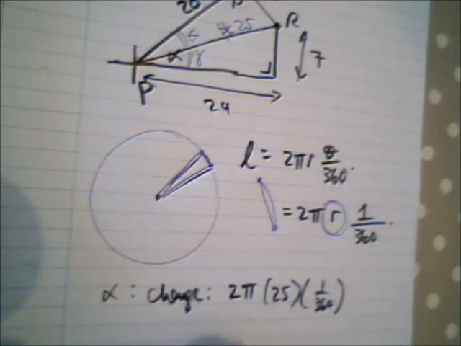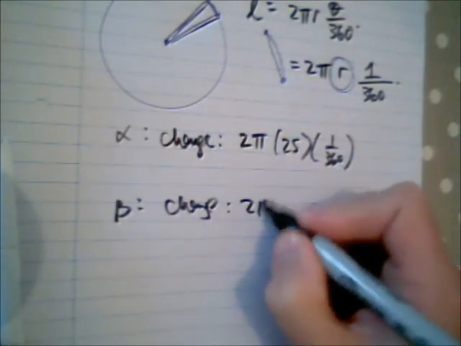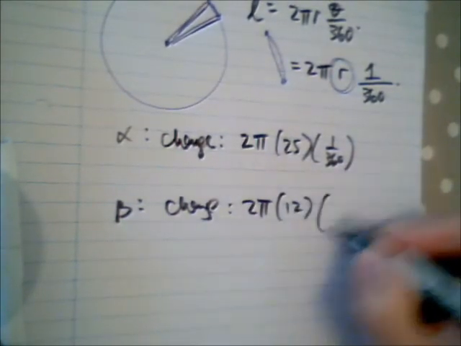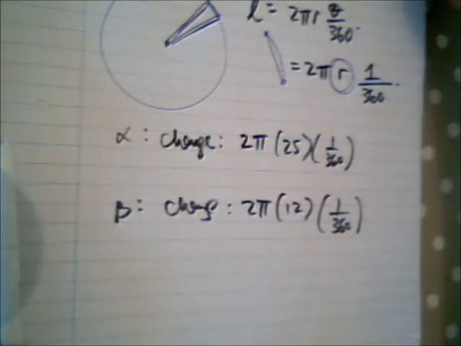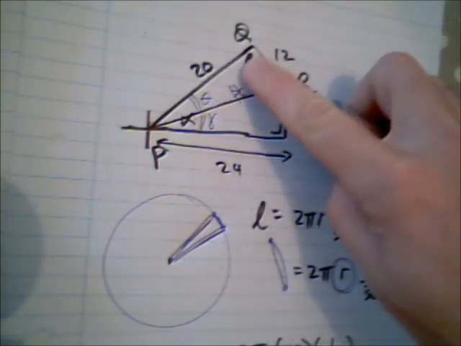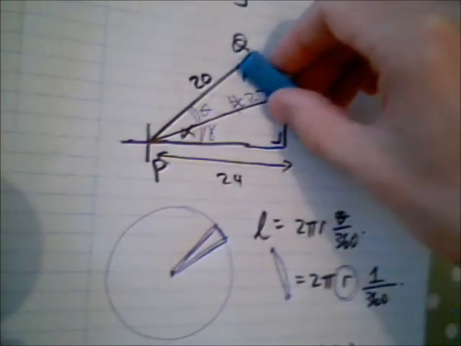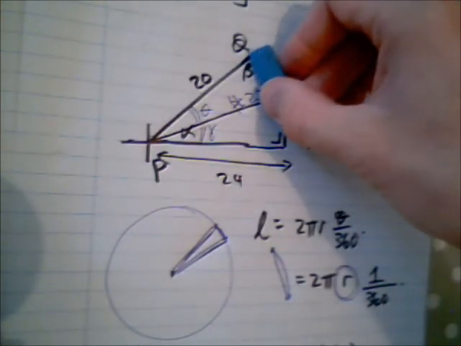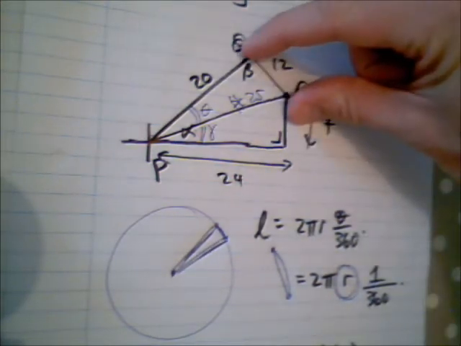If we change beta, we move that up a little bit, then the change is going to be 2 pi times 12 times 1 over 360. Because if we have a quick look back, if we change beta, this one here, then we're keeping the pen fixed, and we're moving this part, so it's moving through a radius of that much, and that much is 12.